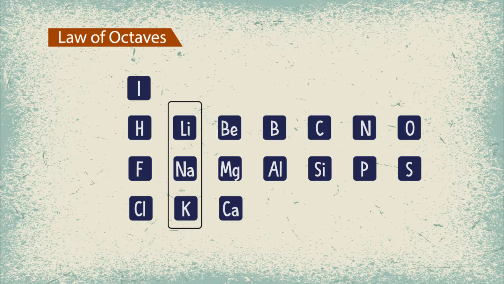Though Newlands prepared a table keeping every eighth element below the first in an attempt to classify the elements, it was not possible to extend this law after 17 elements. Law failed after grouping 17 elements. Newlands was actually ridiculed for comparing chemistry with music.